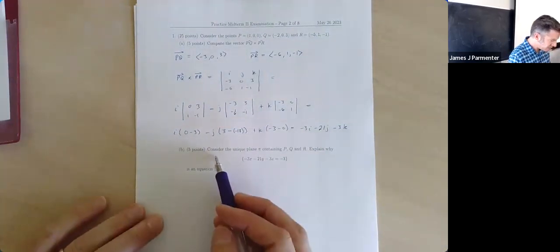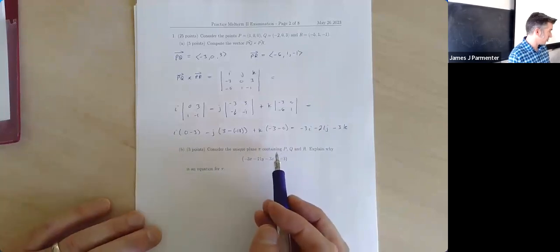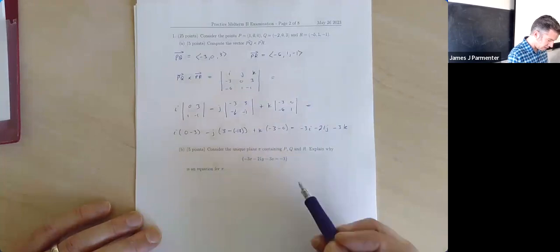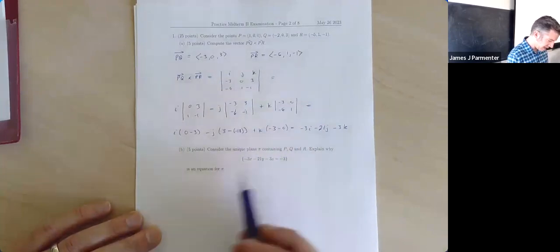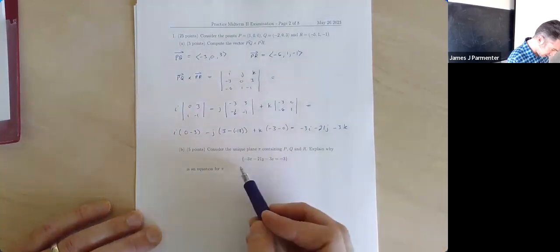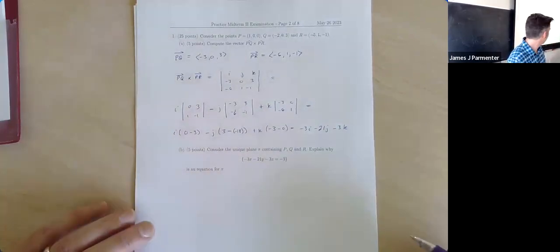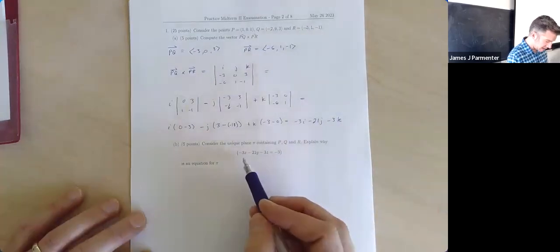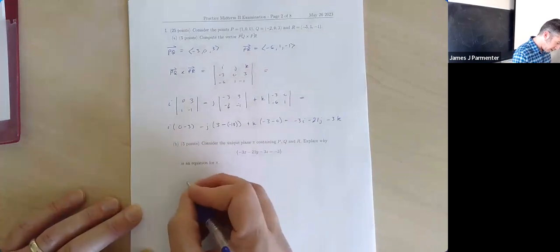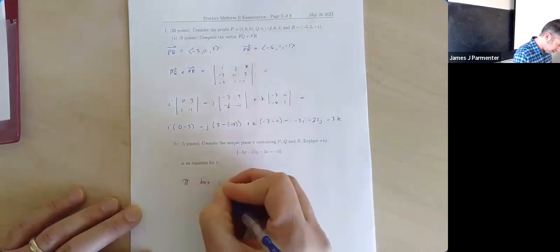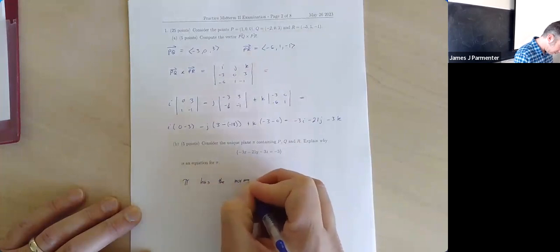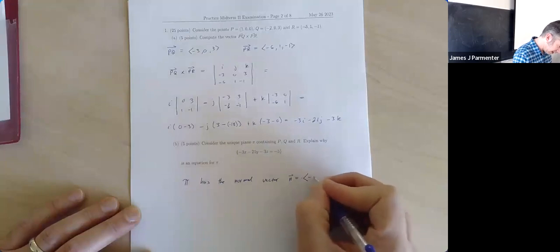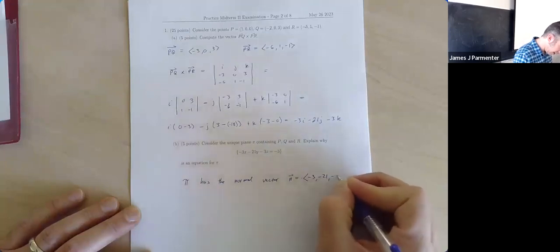So the next question is really asking you to write some words. Consider the unique plane below containing the points P, Q, and R. Explain why this is an equation for that plane. I would say the following. This plane pi has the normal vector, which is just the coefficients, -3, -21, -3.